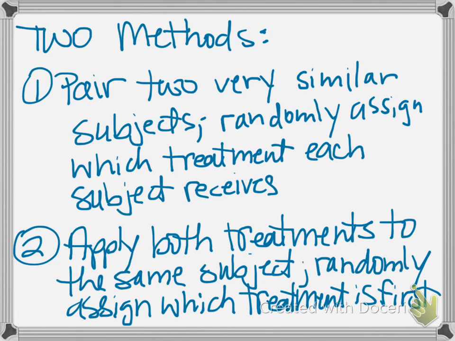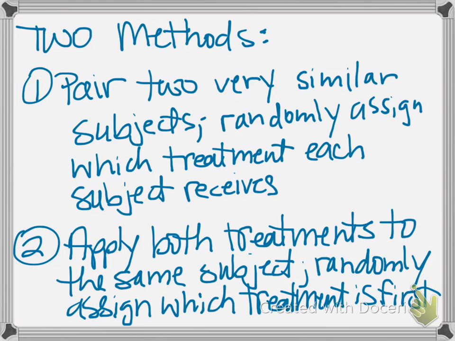There are actually two methods for using matched pairs. One method is to pair up your experimental units or your subjects in such a way that they are very similar to each other. So perhaps if you've taken just a bunch of general data on the people participating in your experiment, you should know maybe their age, maybe their income level, their gender, basic health history, that sort of thing.